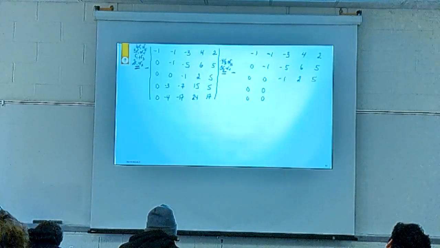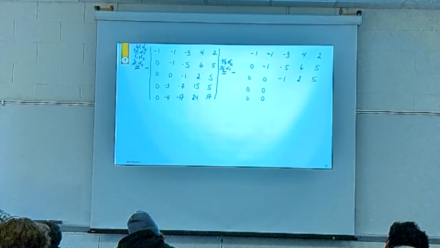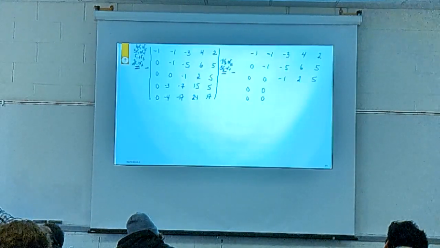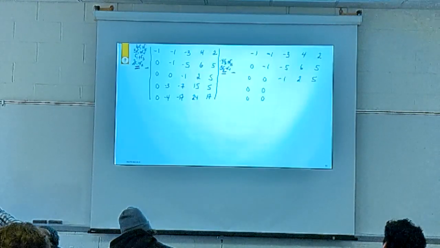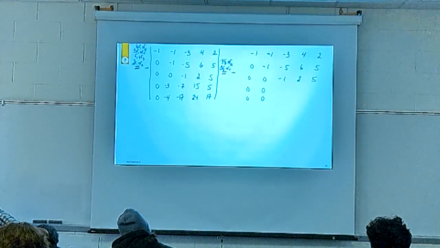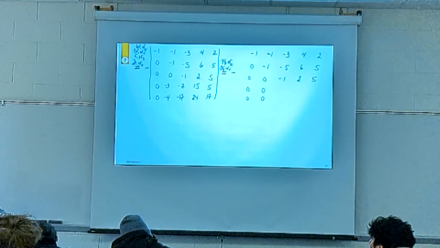That's nice. What does row 4 become now? Messed up, right? What do you mean messed up?